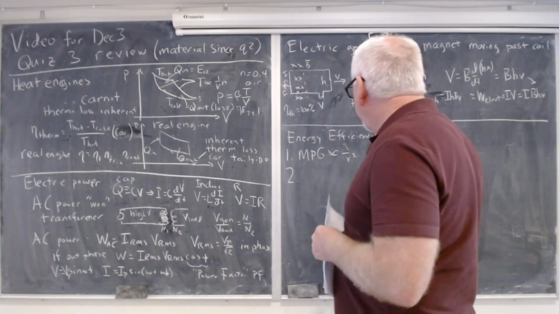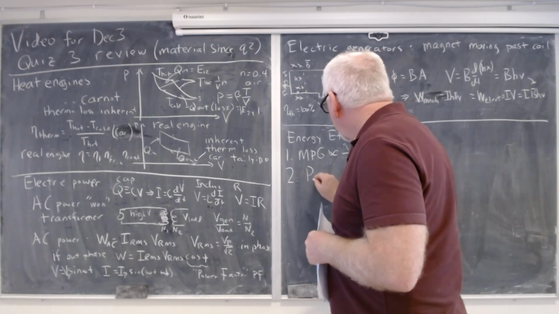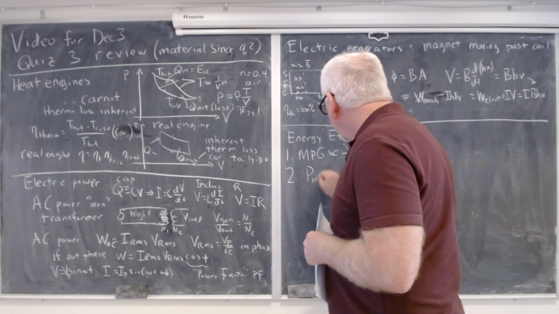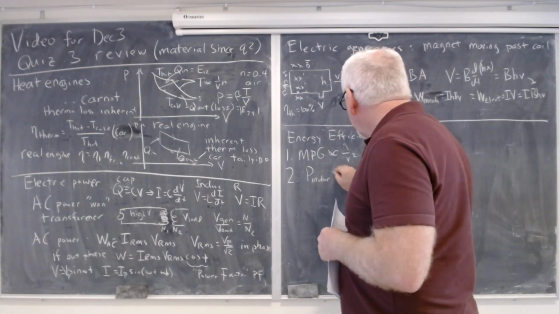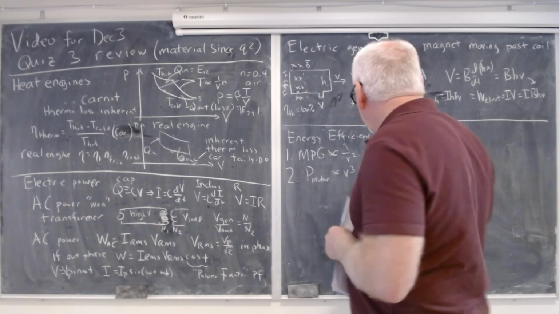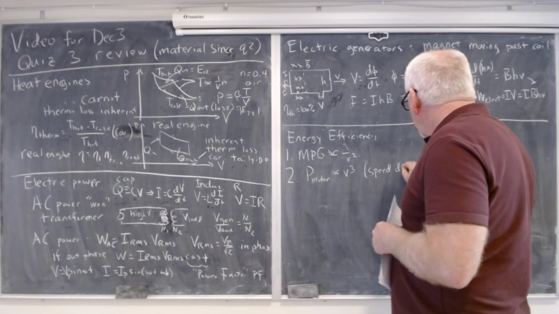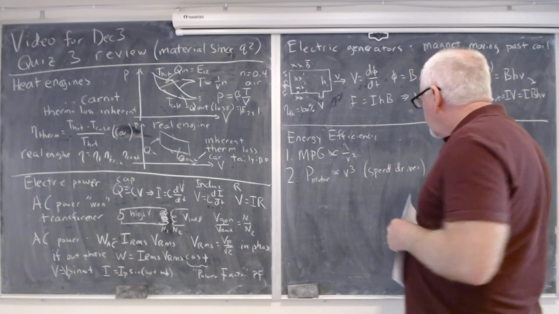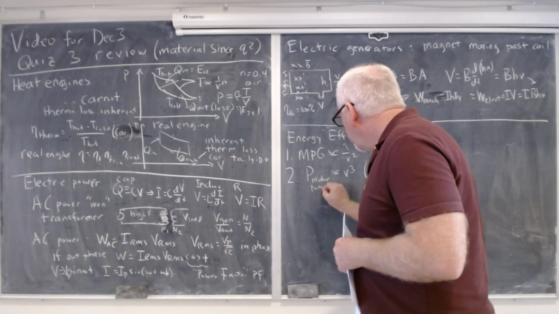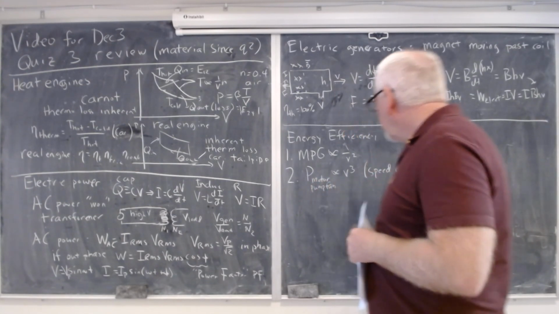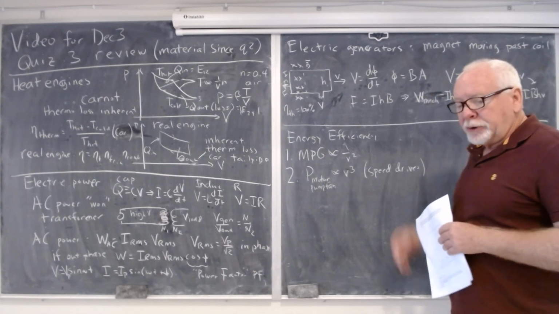We learned that the power of a motor is proportional to V cubed. This is speed drives, and that's a motor for a pump or a fan, because V cubed is the power and the flow of anything.